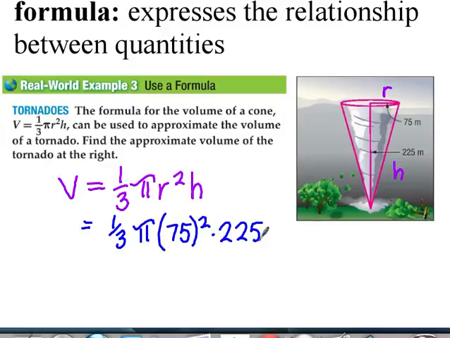This is what we need to do. The order of operations states that we do powers first. What is 75 squared? 5,625. Take that times 225. How do I finish this problem?